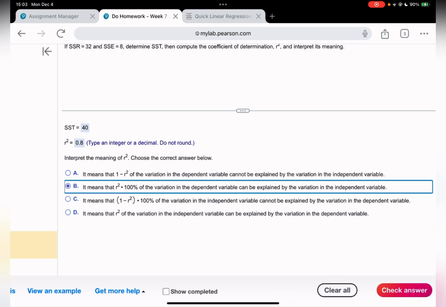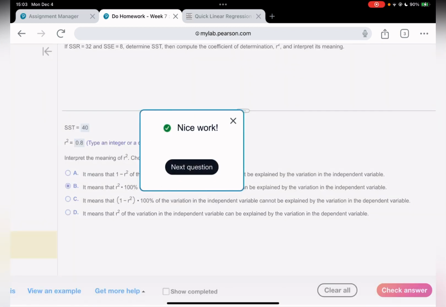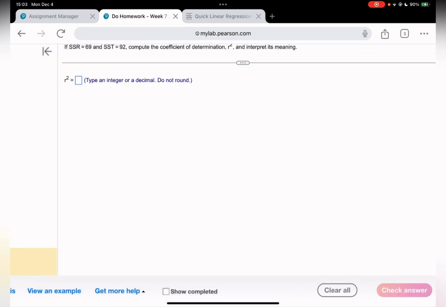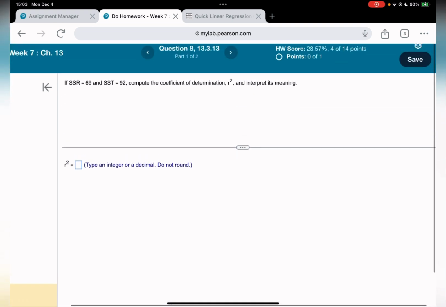Yes, it's a proportion, dependent by independent, and we multiply by 100% to get our percentage. Very good question. Moving to number 8.